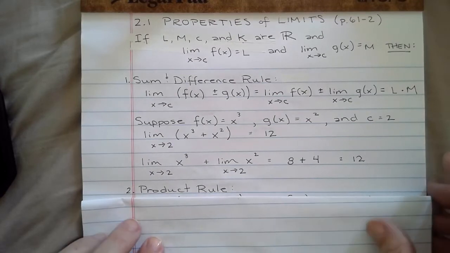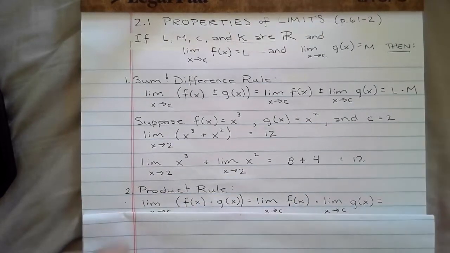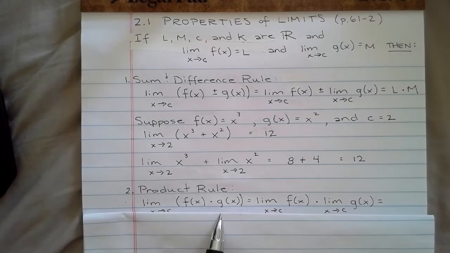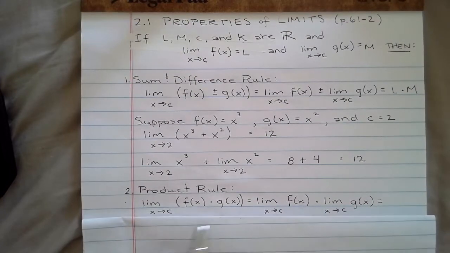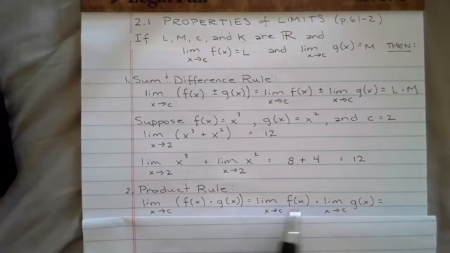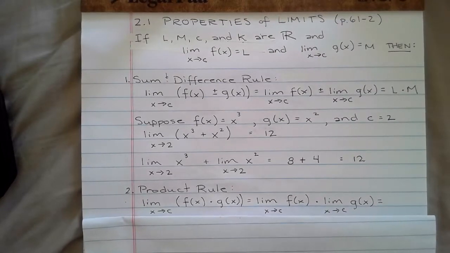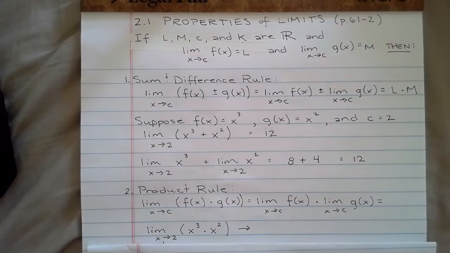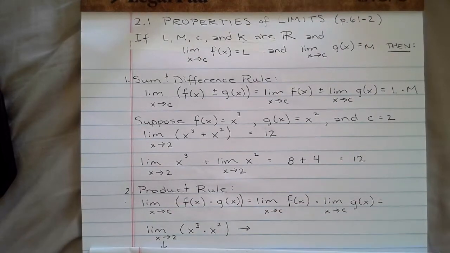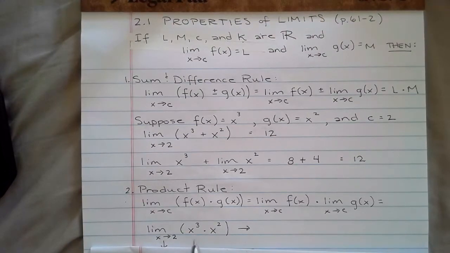Holy cow, it also works for products. If you've got the limit of two things multiplied together as you approach a certain C value, you can split it up and find the limit of the first one and then just times it by the limit of the second one. And what that looks like for us, I've written down here using the same arbitrary value of C we used in example 1, and x cubed and x squared as my functions f and g.